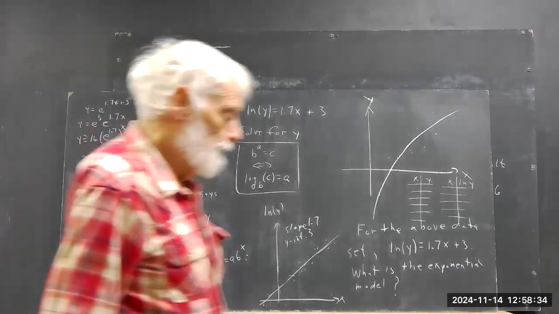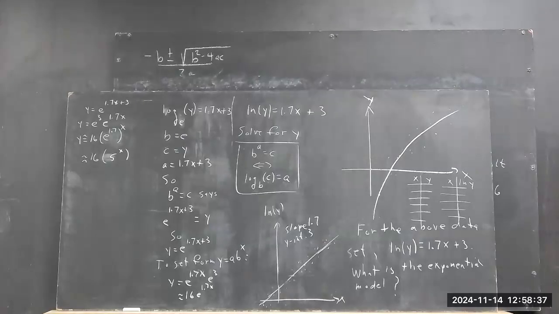I think one person got a result, and I think that result was 20 e to the 5.47x, okay?